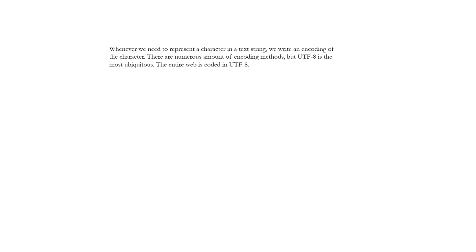Whenever we need to represent a character in a text string, we write an encoding of the character. There are numerous encoding methods, but UTF-8 is the most ubiquitous. And as I said earlier, the entire web is encoded in UTF-8. On encode UTF-8, I give an example, that's 3 bytes.